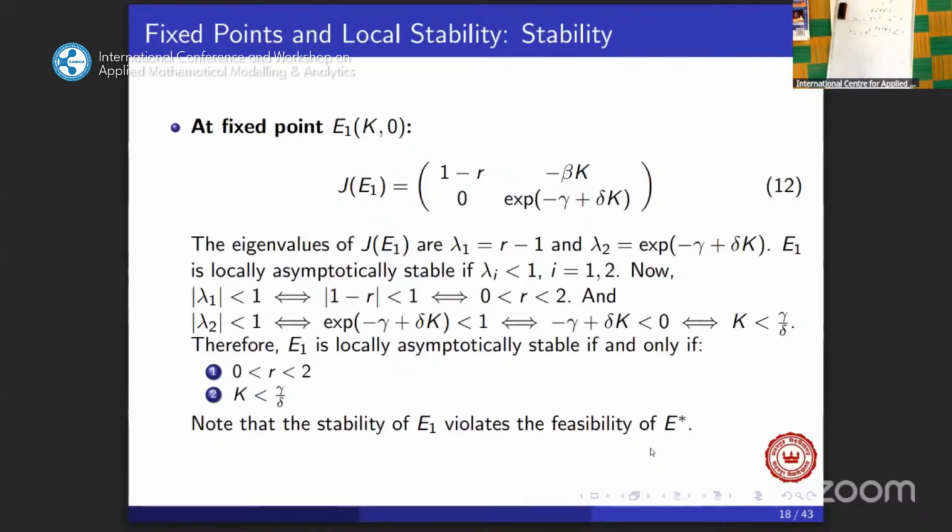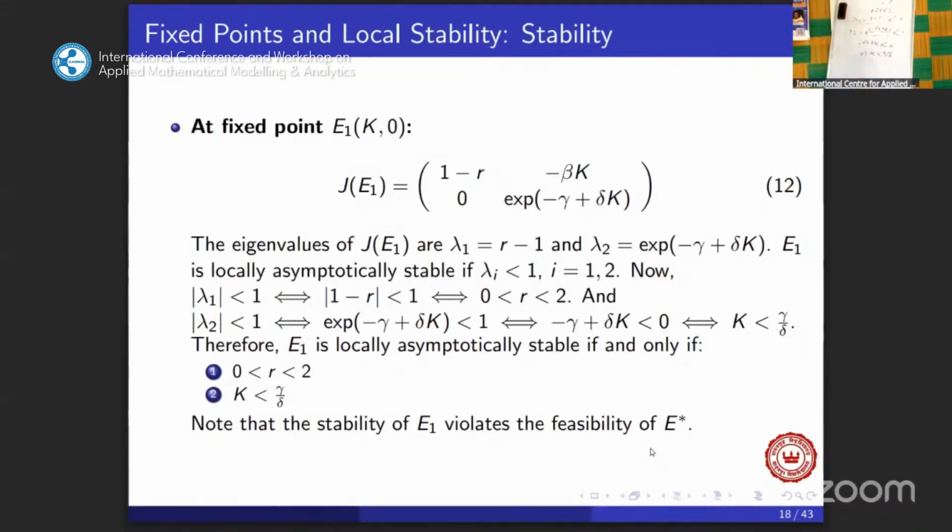The second is the exponential of minus gamma plus delta K. If this exponent is negative, that is, minus gamma plus delta K less than 0, meaning K less than gamma by delta, then the system is stable.